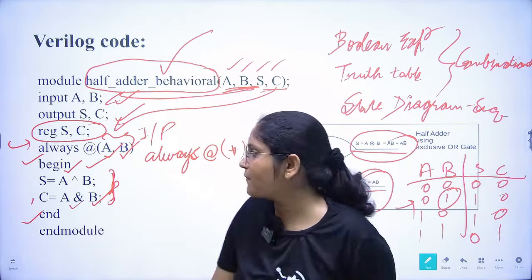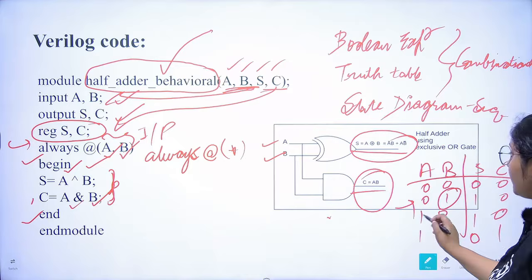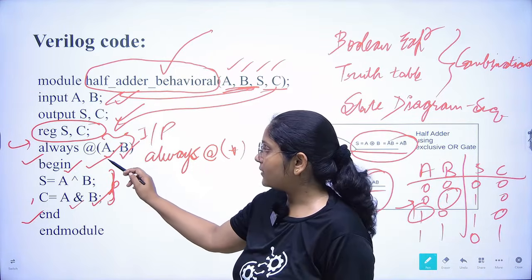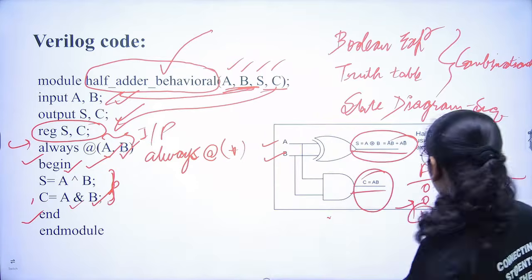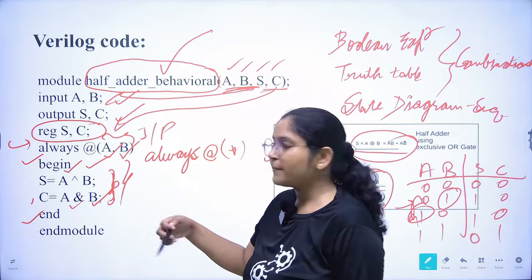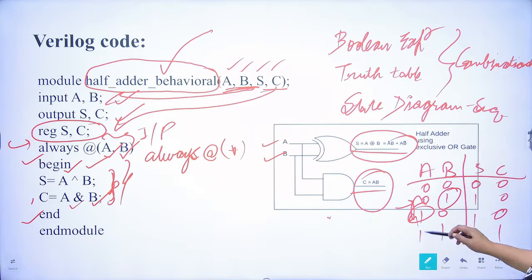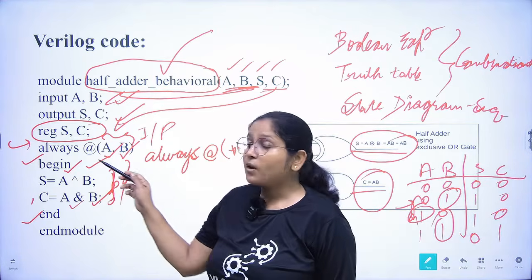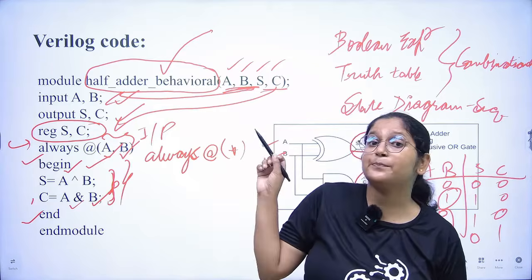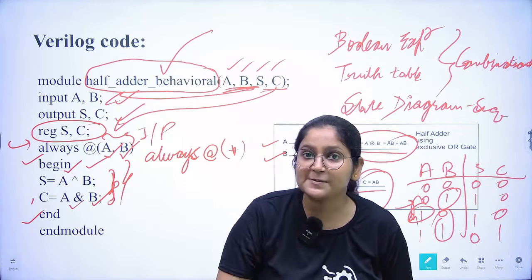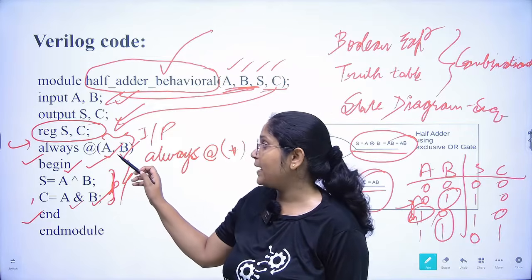For now, what you have to understand is that whenever there is a change, it will go here and see always at the rate, and yes, there is a change in A. See, A is changed from 0 to 1. Again the sum and carry will produce. After that it sees A is constant but B has changed. Again the sum and carry will produce. This always block is a procedural block. It will keep on doing this as long as there is a change in A and B.